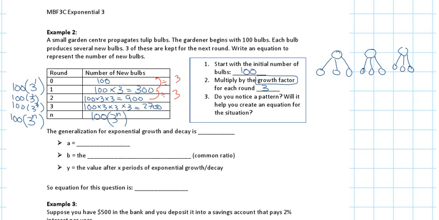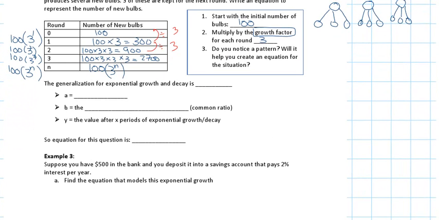So remember that the generalization for exponential growth and decay is y equals a times b to the power of x. The a represents the initial value, so what you're starting with.